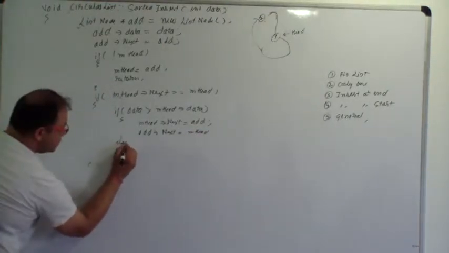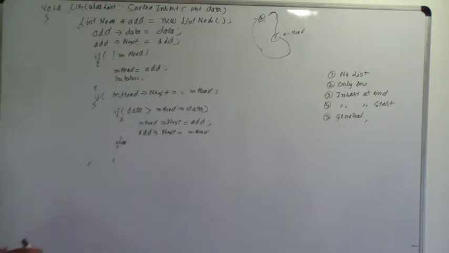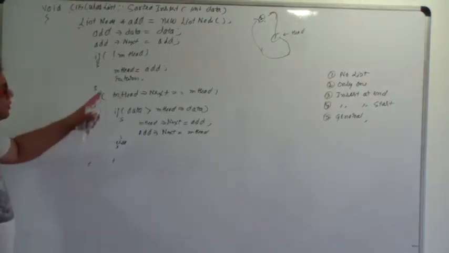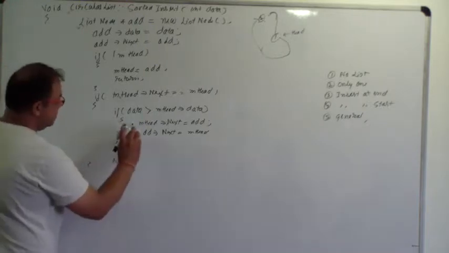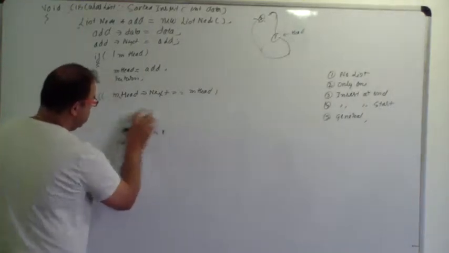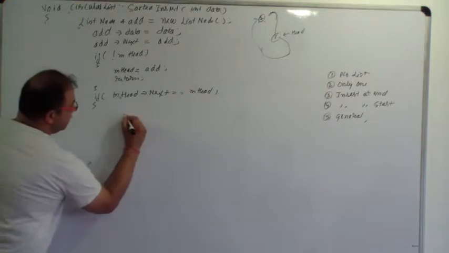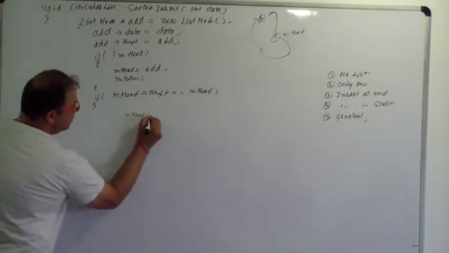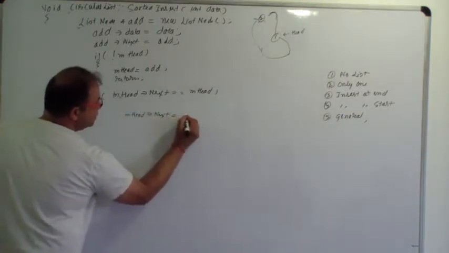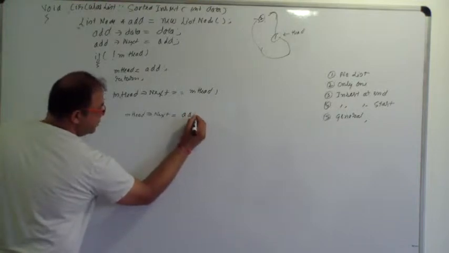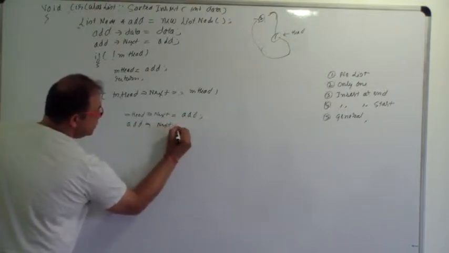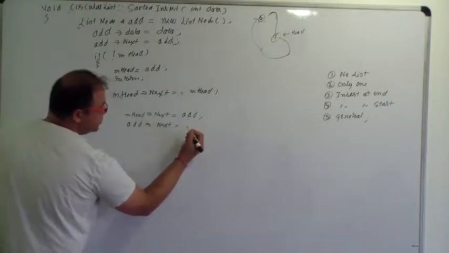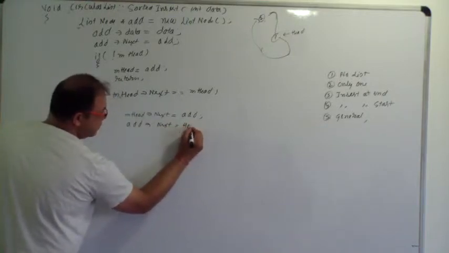Else, what we will do is, actually we will do this regardless, right? We will do this regardless. So we will do m head arrow next is equal to add, and add arrow next is equal to add arrow next is equal to head.